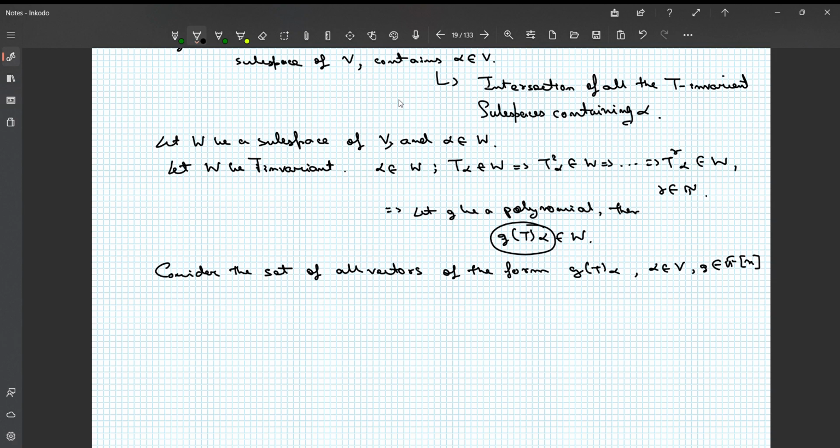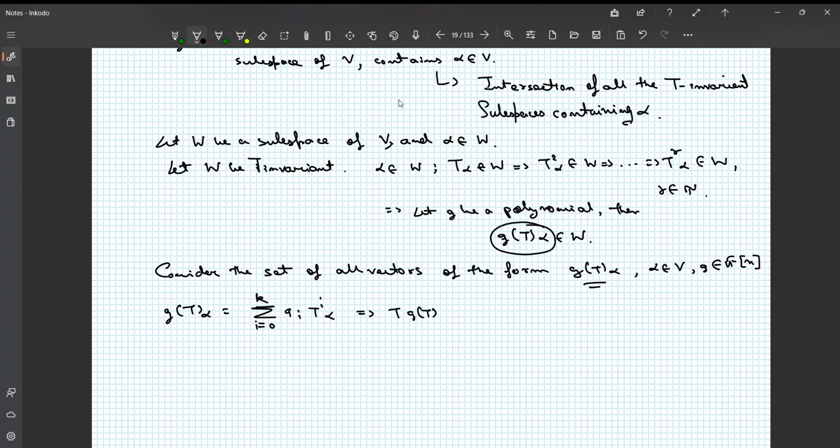Is this T invariant? What will be the image of any vector of this form under T? You can see it by expanding the expression. Suppose g(T) of alpha is the summation from i equals 0 to k of a_i T to the power i alpha.